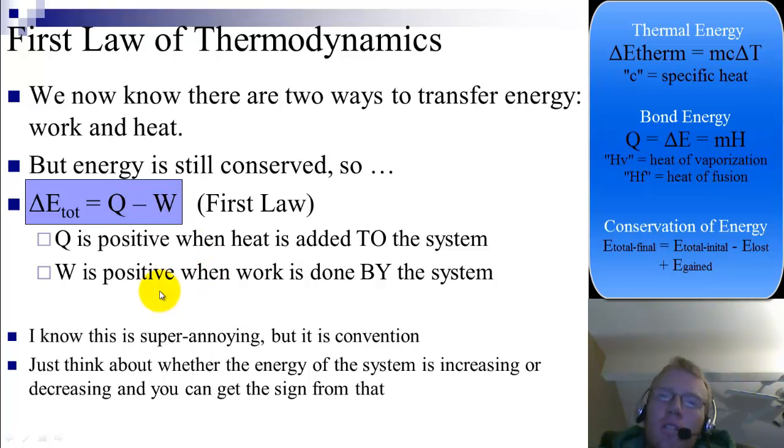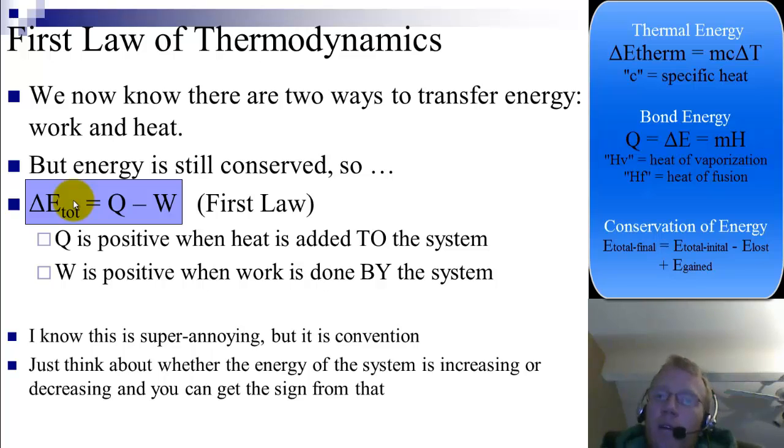So it's not very convenient. Personally, I don't even like to remember this formula. I just like to know in my head, hey, there's 2 ways to transfer energy. I could do work, or I could transfer it via heat flow. And I know if my object did work on something else, my object lost energy. And if something else did work on my object, then my object gained energy. And if heat flowed into my object, it gained energy.